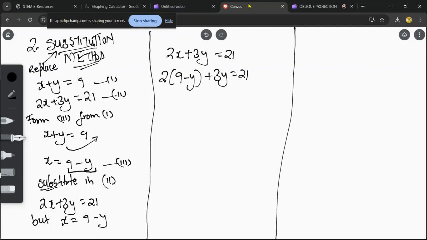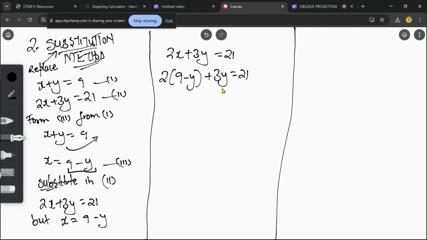Then I try and solve my sum. I open the bracket: 2 multiplied by 9 is 18, minus 2 multiplied by y gives me 2y. Then here you have plus 3y is equals to 21. So collect the like terms together. Minus 2 plus 3 is like having a debt of 2 and then having 3 bob to pay.